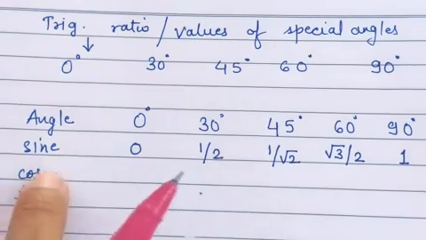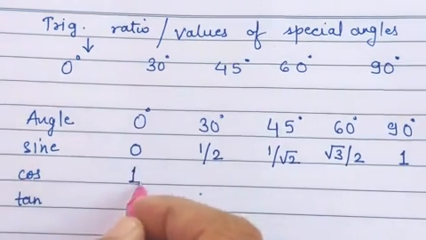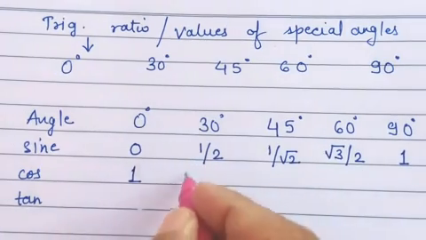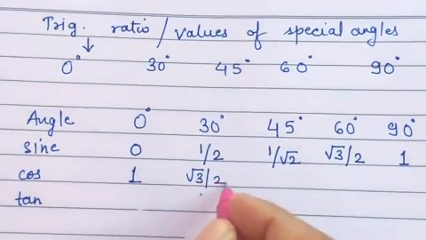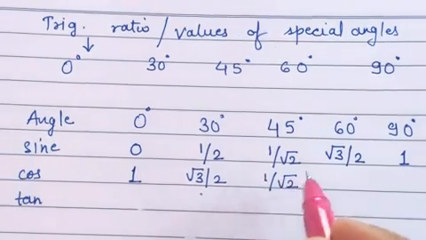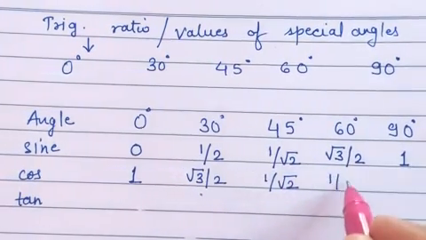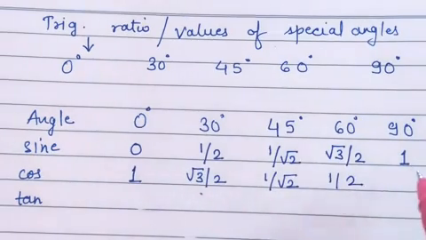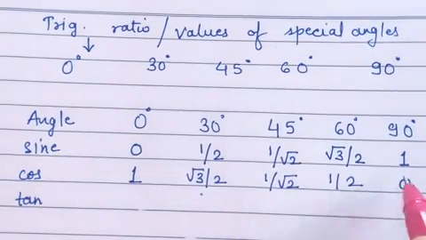So in this way cos 0 degree is 1, cos 30 degree is root 3 by 2, cos 45 is the same, cos 60 is 1 by 2 and cos 90 degree is 0.